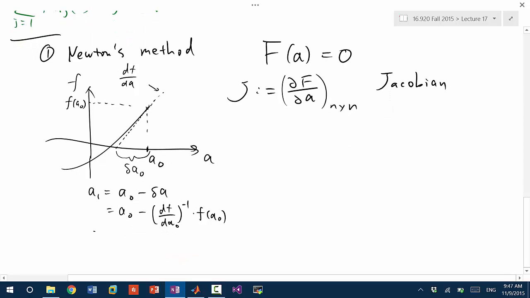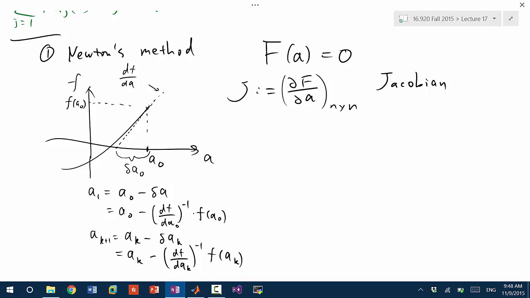Of course this goes on, so a at iteration k plus 1 is always equal to a at iteration k minus delta a_k, and this delta a_k is equal to the reciprocal of the slope of the function times f of a_k. Here we are not trying to find the root of a one-dimensional function, but the root of an n-dimensional function. But the Newton's iteration works exactly the same.